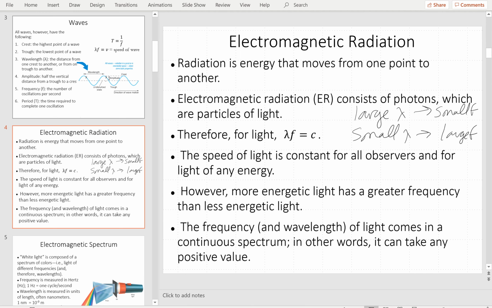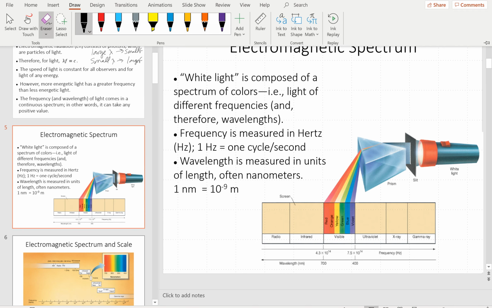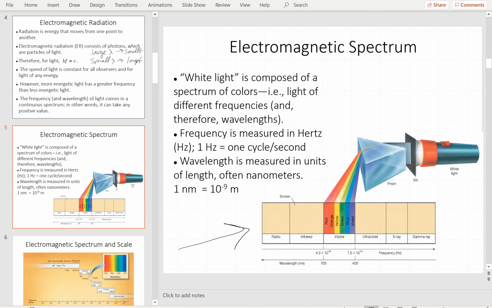Let's talk about the electromagnetic spectrum now that I've given you this basic framework for how to understand light. Here is a diagram of what we call the electromagnetic spectrum, which is really just a representation of all the different kinds of light that we have. Let's start with very low energy.